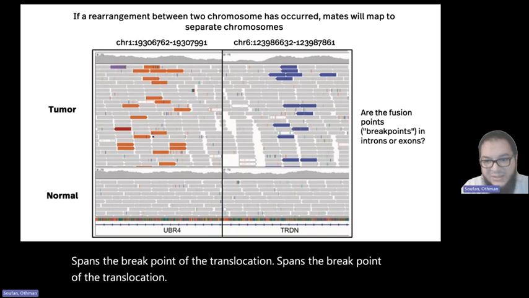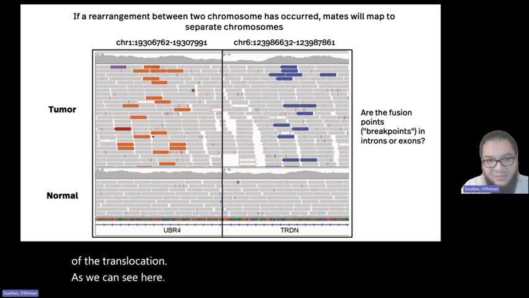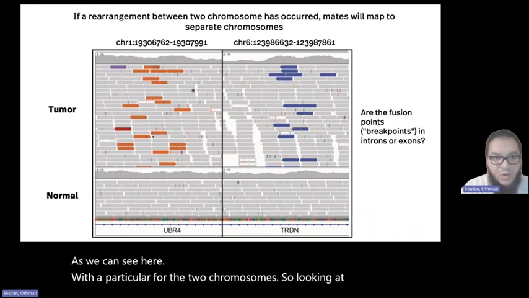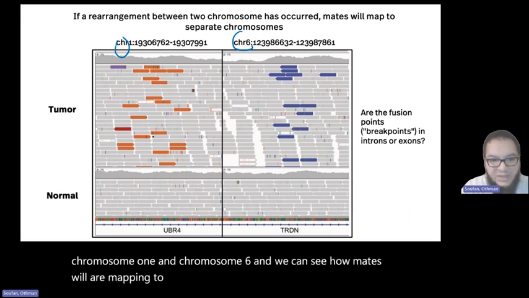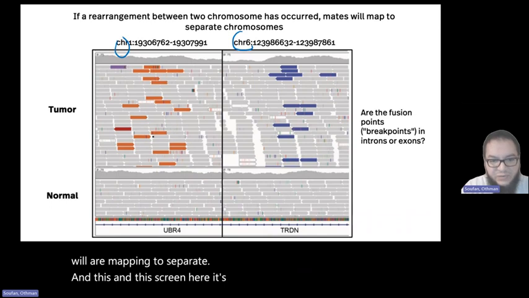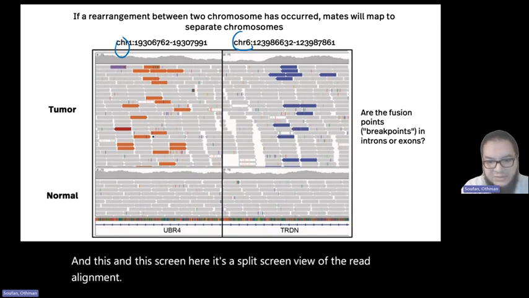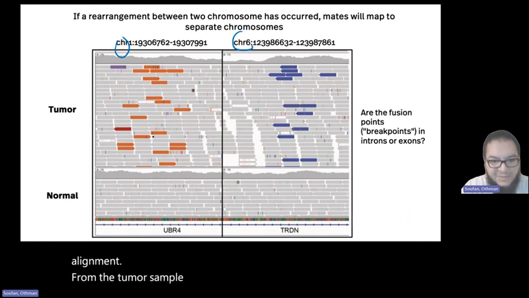As we can see here, looking at chromosome 1 and chromosome 6, we can see how mates are mapping to separate chromosomes. This screen is a split screen view of the read alignment from the tumor sample and the matched normal sample, as we discussed earlier.